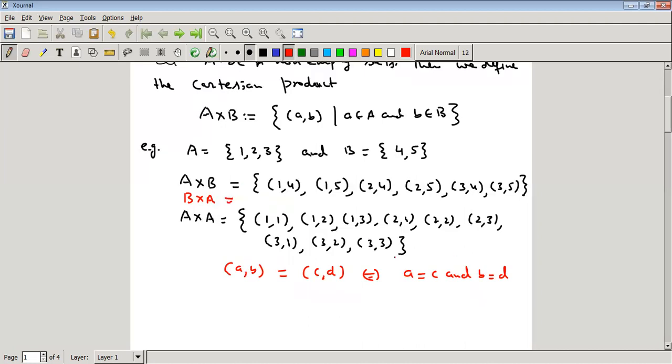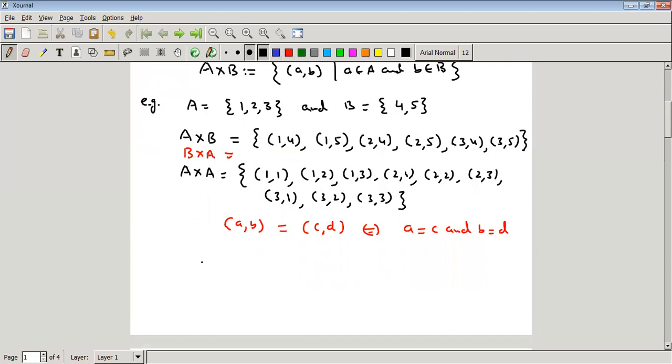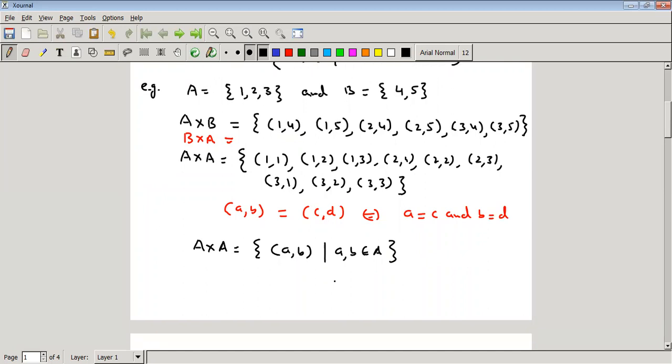So (1, 4) is not equal to (4, 1). So A cross B is not equal to B cross A. Now the elements of A cross A can be taken in the form (a, b) such that a, b belong to A. Is it clear? So an element of A cross B is in the form of an ordered pair.